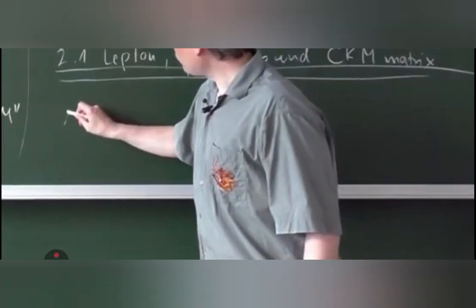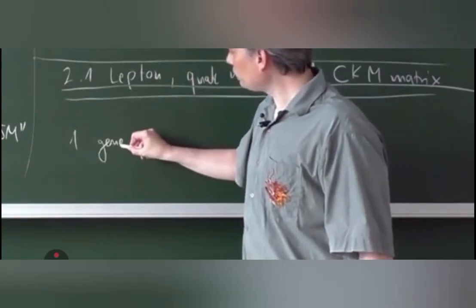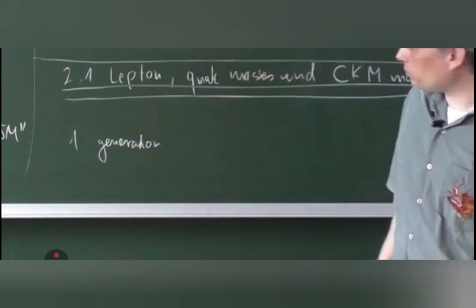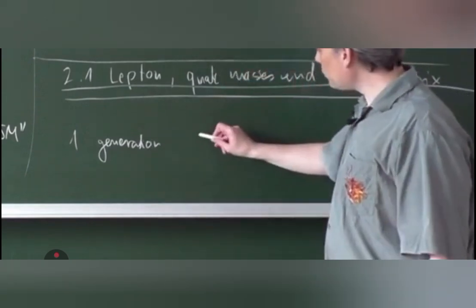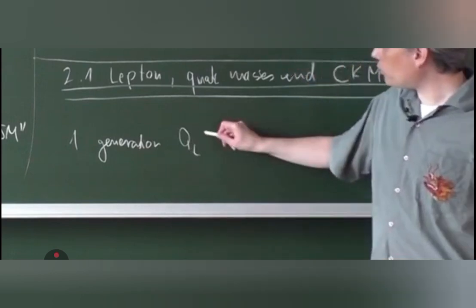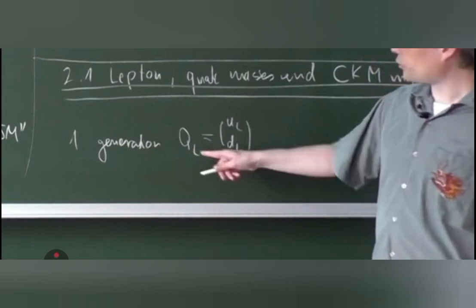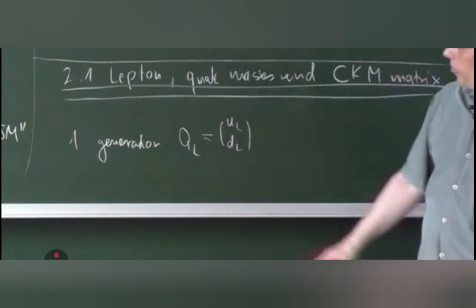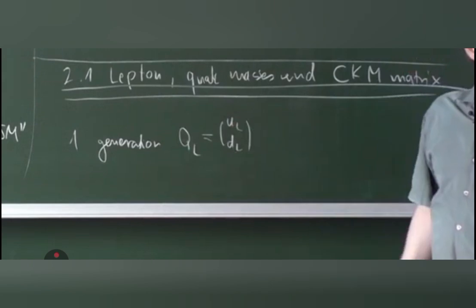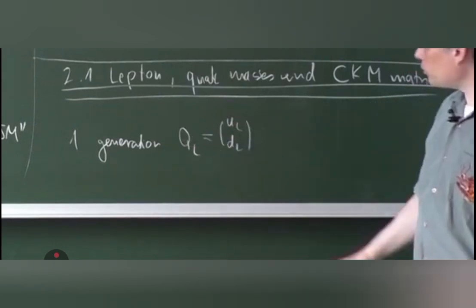And so the basic idea is that instead of 1 generation, we now have 3 generations. So what happens in 1 generation? There we have, for example, multiplets for all the quarks and leptons. One of them was the quark multiplet, quark left, with the left-handed up quark, left-handed down quark. And there are all the leptons and the right-handed quarks and so on.